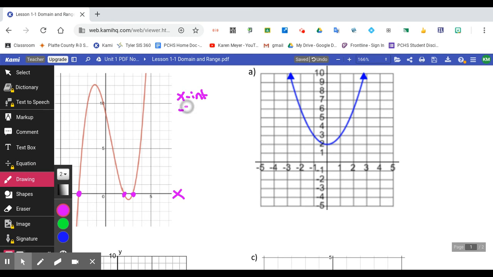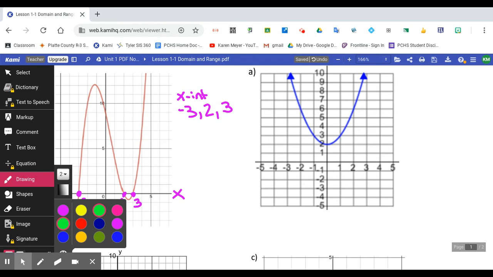So that would be at -3, and then 2. And the last one is going to be at +3. Then the y-intercept crosses the y-axis. And on this one, it should only cross in one spot. And I have that crossing at the number 9. So hopefully that part's review for you.